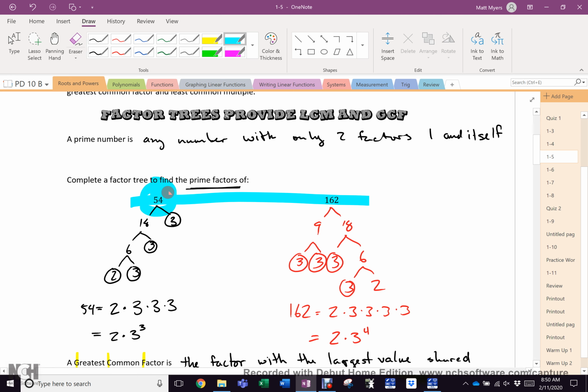This is the biggest factor we could share because 54's biggest factor is 54. Multiples are bigger. Factors are parts of these. Multiples have these as factors. They are going up from there. So what is the smallest multiple we could have?